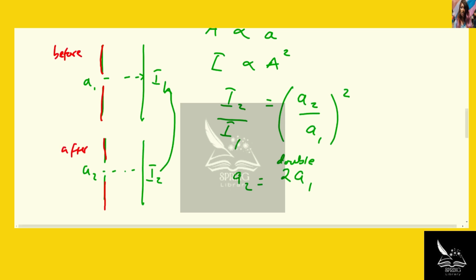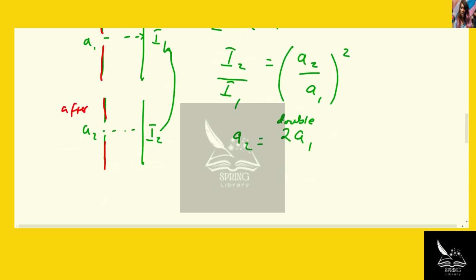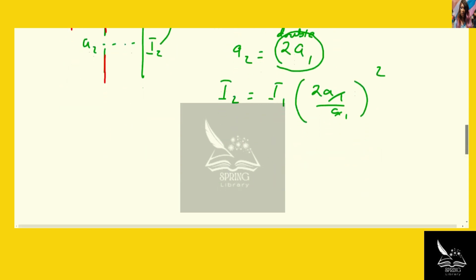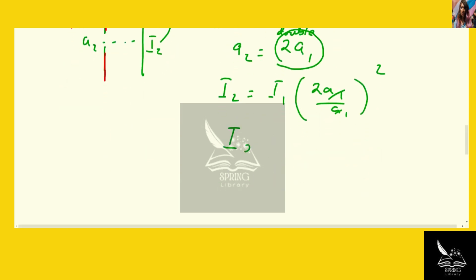And so the intensity increases by 4 times. We're going to see that I2 equals I1 times, remember A2 is 2A1, so 2A1 over A1, squared. These two cancel out. So finally you can see that I2 equals 4 times I1.